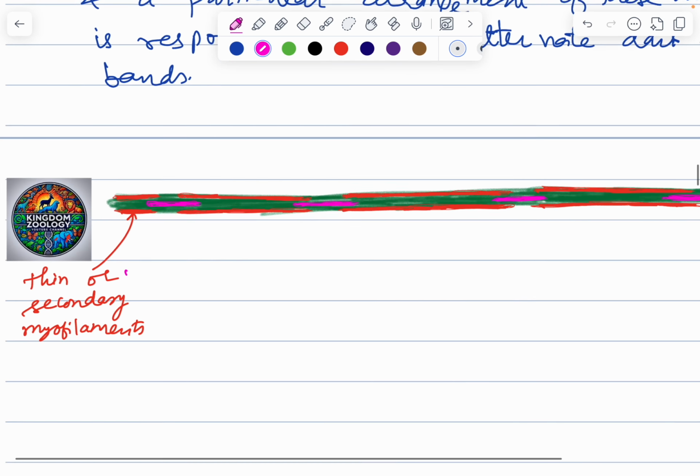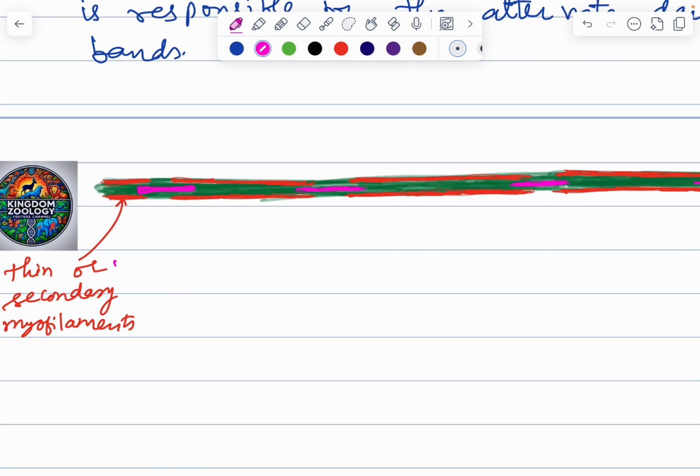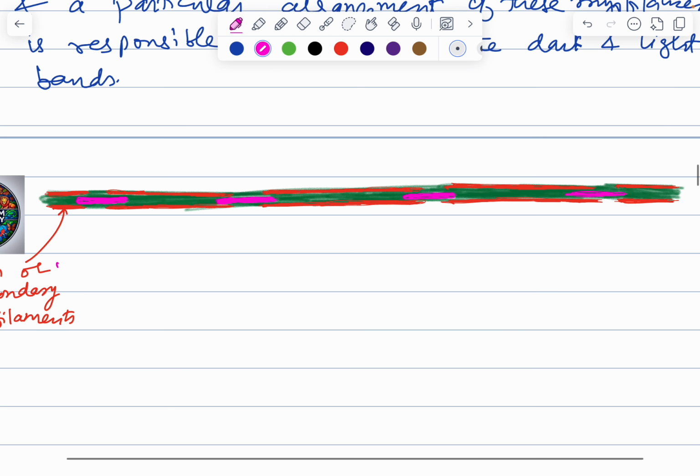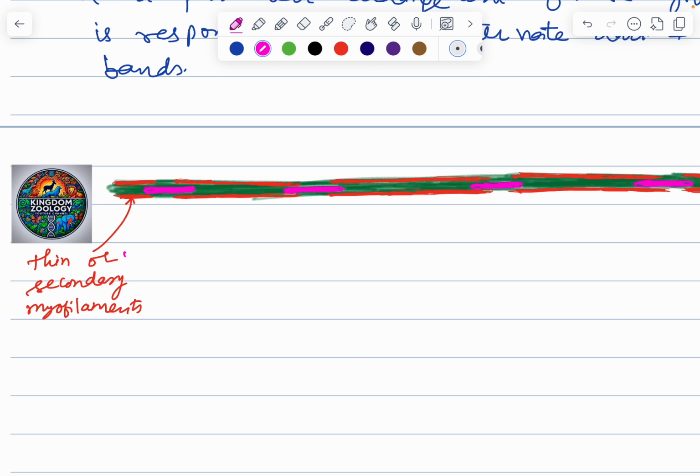And the structures that you see in the center are a bit thicker. That's why, what are they called? Thick myofilaments, of course. What else? These structures in the center are called the thick or the primary myofilaments.